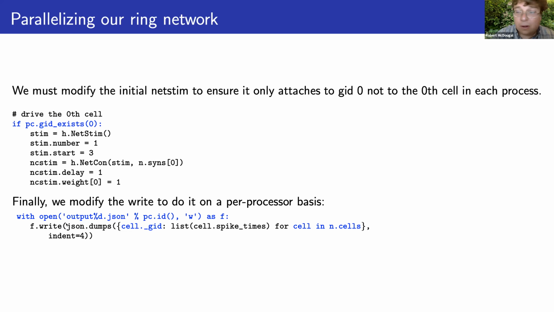So this will generate multiple files: output0.json is whatever processor 0 created, output1.json is whatever processor 1 created, and so forth. So now, when I'm generating my JSON, instead of just iterating and enumerating, I will grab the GID and use that to key everything. That way, collectively I have everything, but I don't necessarily have it on any individual processor.